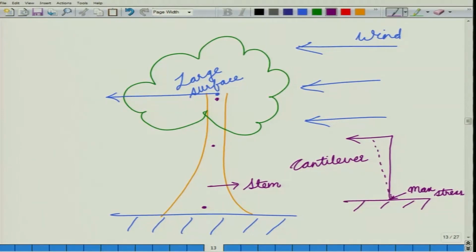So, if the tree does not want to get toppled, it would try to accumulate more mass at the bottom as compared to the top, where you have less stress. This would give it a tapered structure, which is what the Metzger's beam theory states. We will come to it in much more detail in a later lecture.